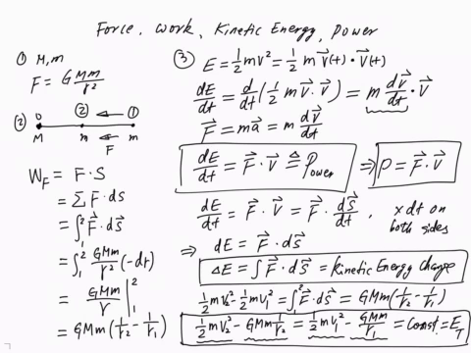So energy is conserved in the gravitational system, and we can call gravitational force a conservative force. Anyhow, we're talking about force, work, the kinetic energy changing rate, which is the power, the kinetic energy change itself, as well as the conservation of energy in a gravitational field.